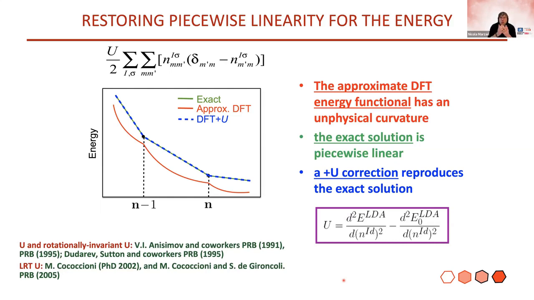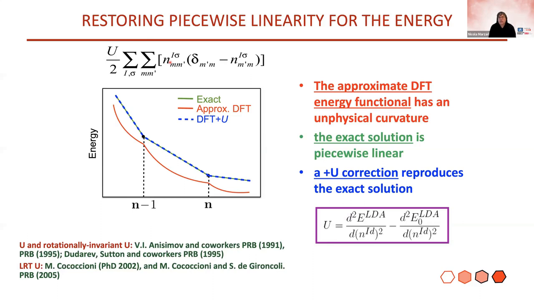When you look at this Hubbard correction, in particular in what is called the rotationally invariant form that Sergei Dudarev and co-workers have introduced, that is basically a strength, and then we are using these matrices that are just projecting the Kohn-Sham states on atomic orbitals.